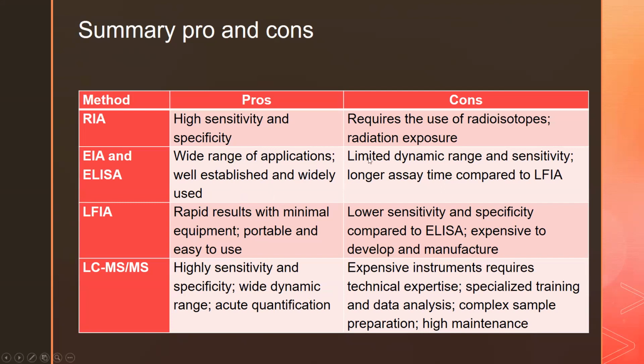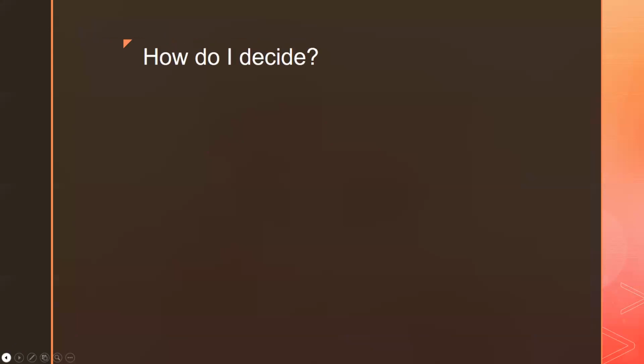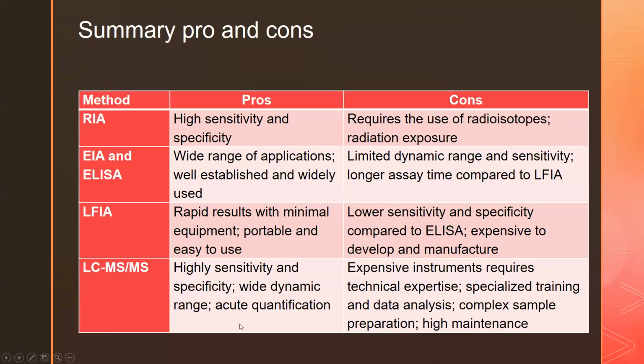I always say, shop around, see how much it costs to get these done in different labs, and see what works best for you. But also keep in mind, again, the amount of sample that you're actually able to get, and whether or not you're able to get that sample again.